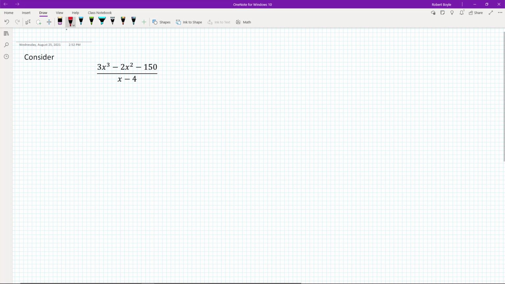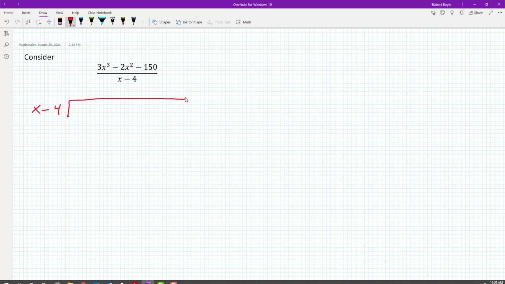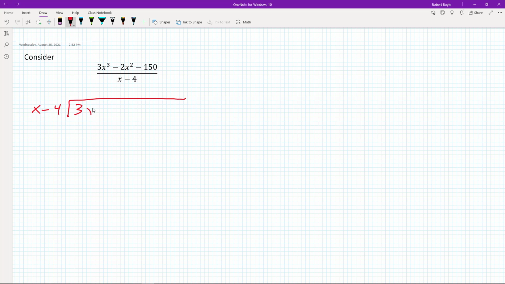So what we would have is x minus 4 over here as the divisor, and then our dividend would be 3x cubed minus 2x squared, and then I'm going to add a plus 0x minus 150. How would we do that?